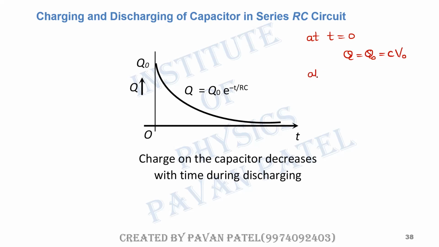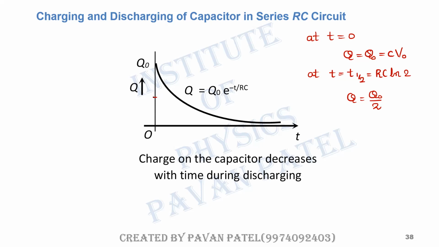And now at t = t half, t half is RC ln 2.